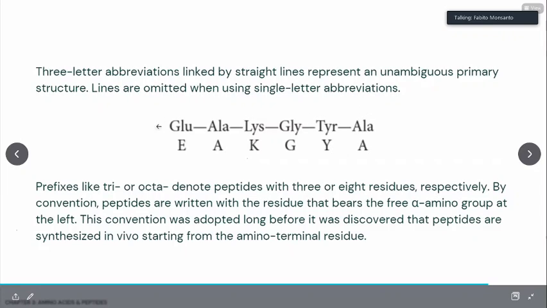And they are represented by the single letter. If you go back to that table of amino acids, you have there the 3-letter symbol and the single letter symbol.